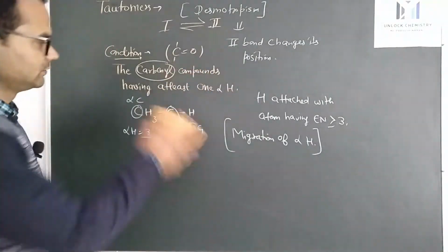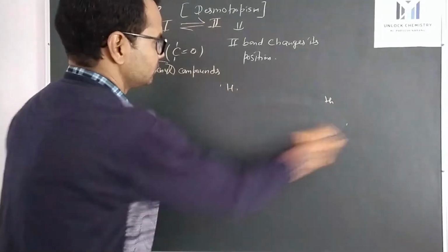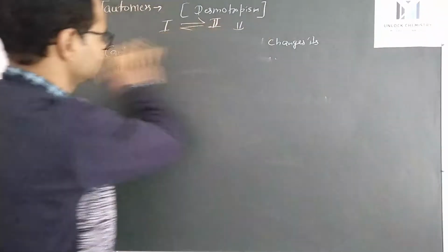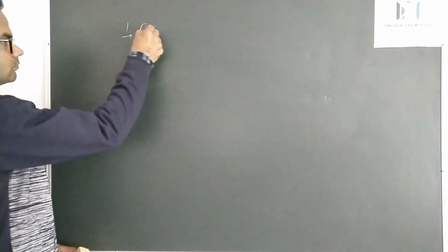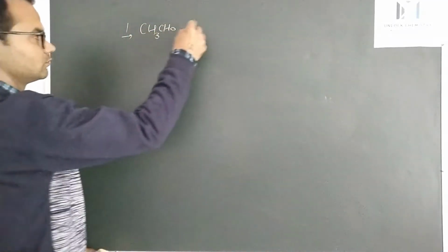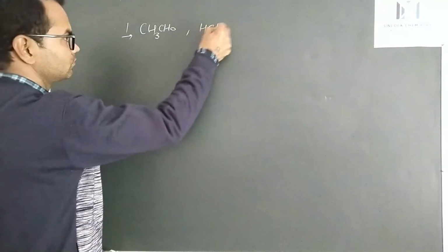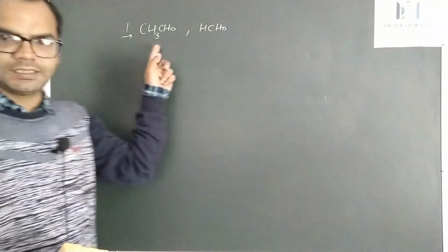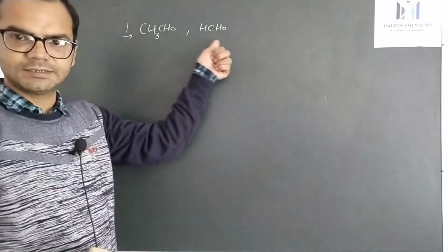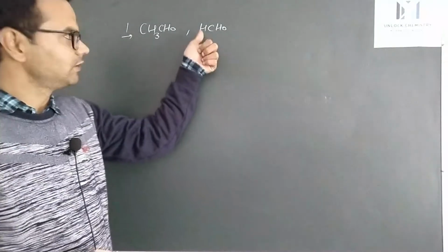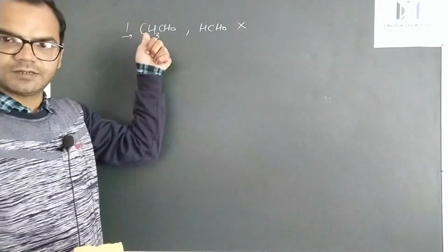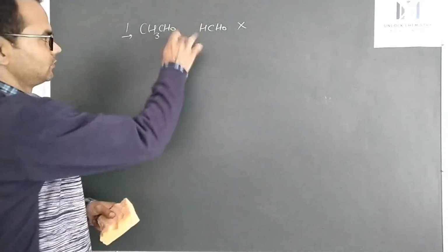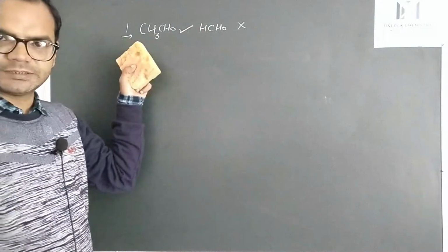For example, we have acetaldehyde and formaldehyde. In formaldehyde there is no alpha carbon, so no alpha hydrogen, it will not show tautomerism. But in acetaldehyde there is alpha carbon, alpha hydrogen, so it will show tautomerism.